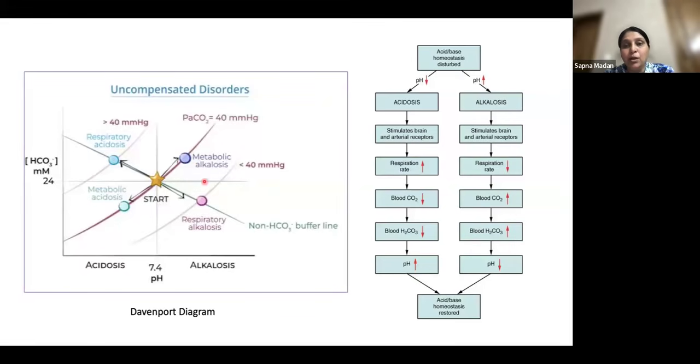And on the lower right side, this is respiratory alkalosis. This is just an algorithm to tell you how to decide whether it is metabolic or respiratory. But this Davenport diagram is something new that you should all be aware of.